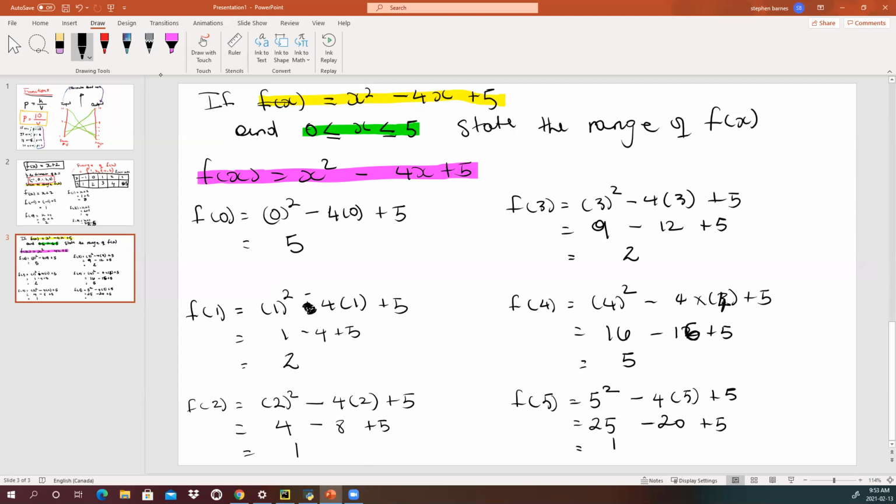All right. So now that you've found all of these values, you have 5, 2, 1, 2, 5, and 10.